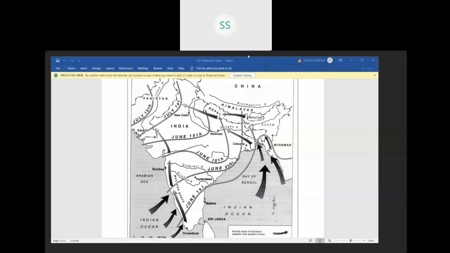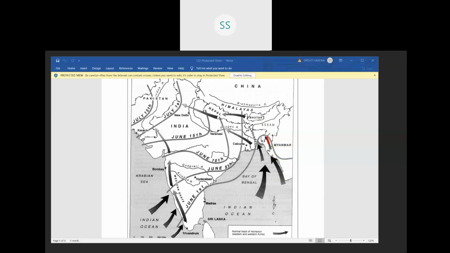Why are they deflected towards the Ganga plains? Because again in the Ganga plains there is low pressure, and these mountains will not allow the winds to move towards Tibet. So the winds will deflect from Assam. Just a minute, children. Again, I'll draw to show you these winds.